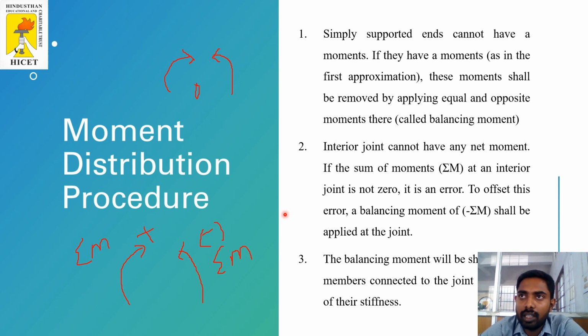For example, at a joint B, on the left side there will be a member A, and on the right side there will be a member C. If we take joint B, the balancing moment is shared by member AB and also member BC. So this is what we have seen here.